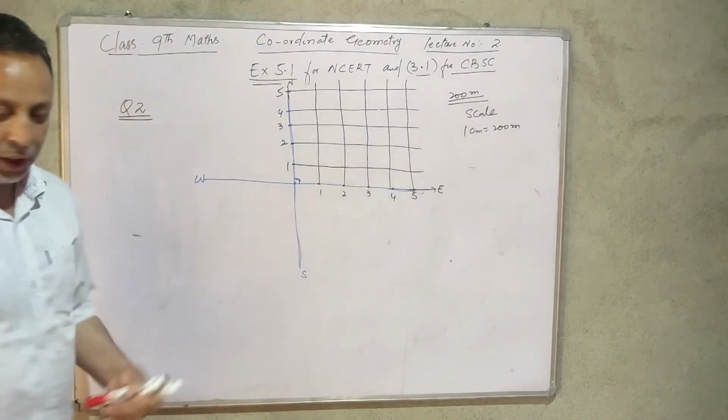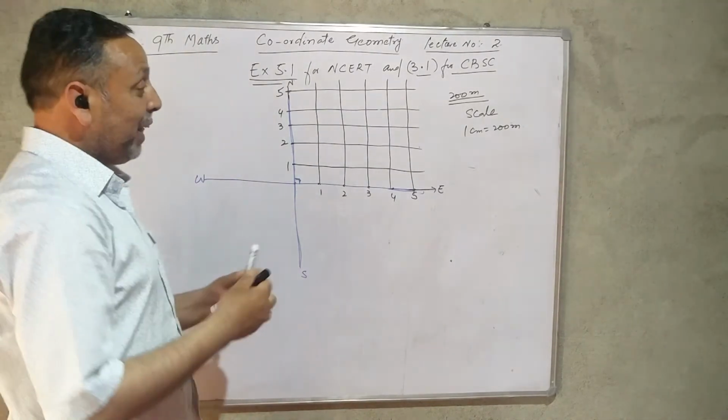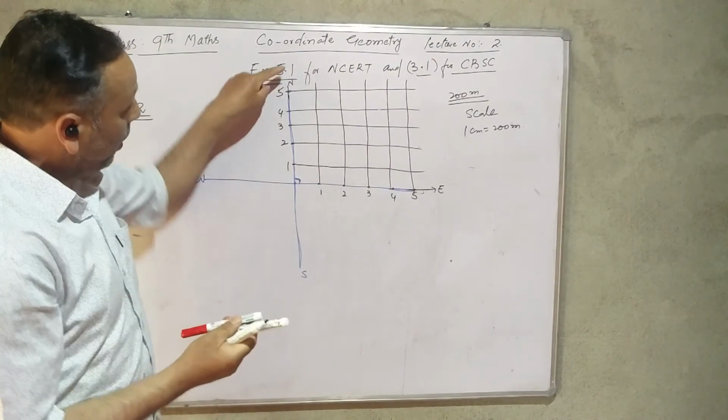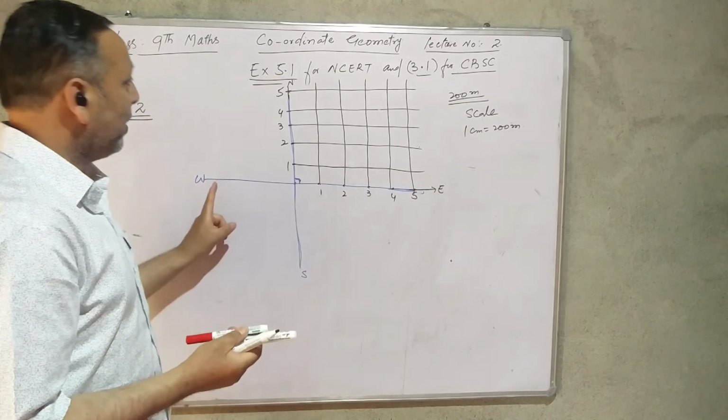Then the question says, locate the second street from north-south direction and fifth street from east-west direction.